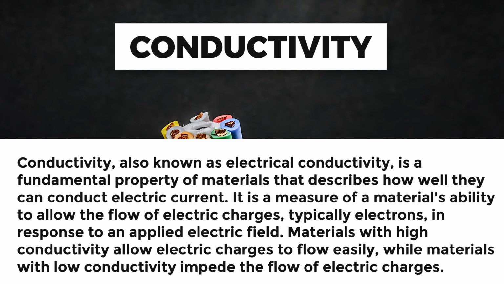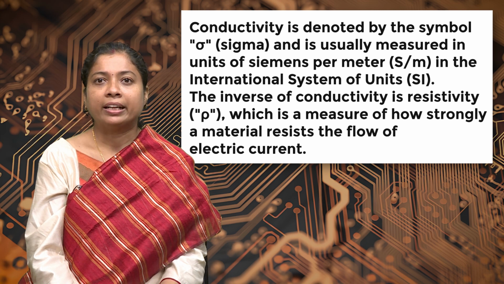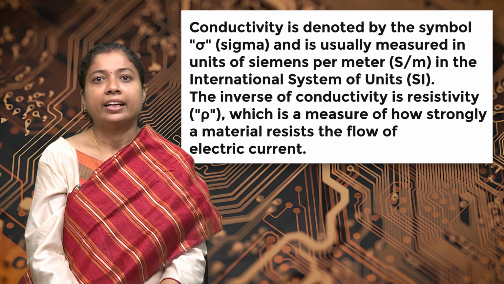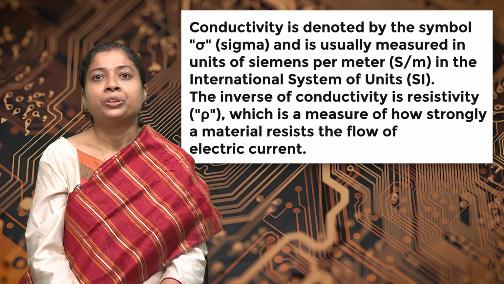Materials with high conductivity allow electric charges to flow easily, while materials with low conductivity impede the flow of electric charges. Conductivity is denoted by the symbol sigma and is usually measured in the unit of Siemens per meter in the international system of units.